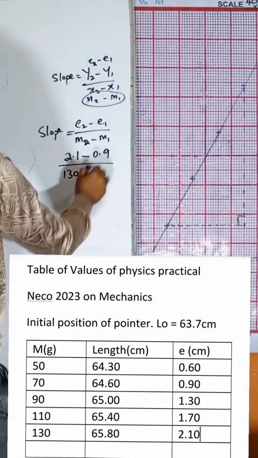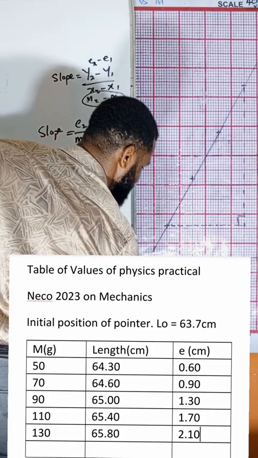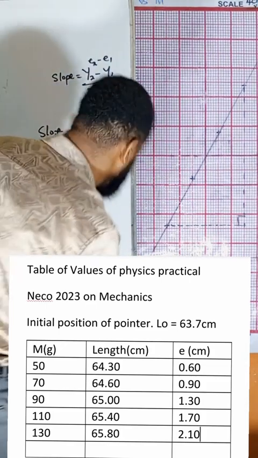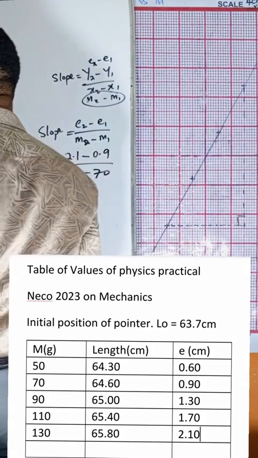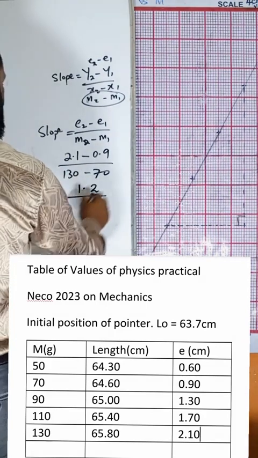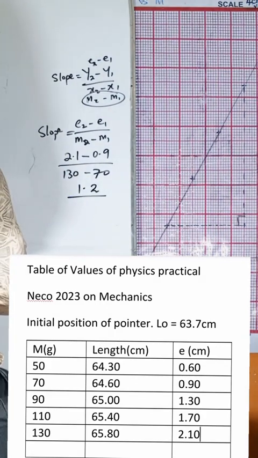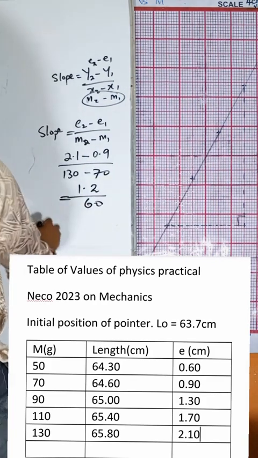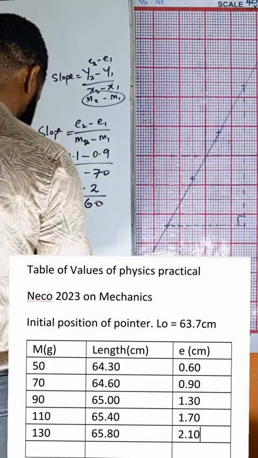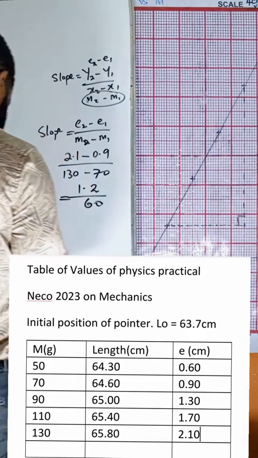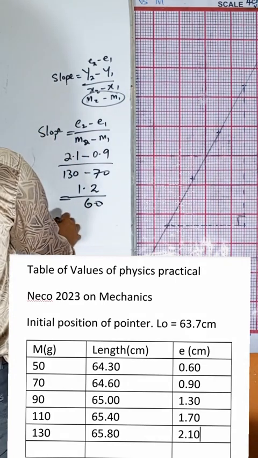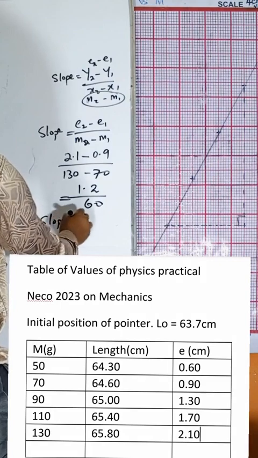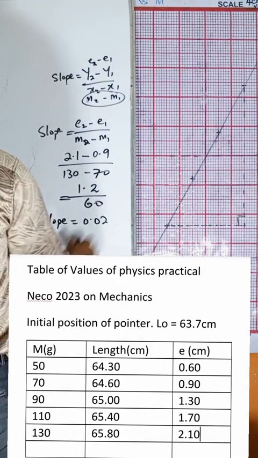This is 130 minus, if I trace this line, you have 70. 2 all over 60. This is 1.2 divided by 60. So my slope is going to be 0.02.